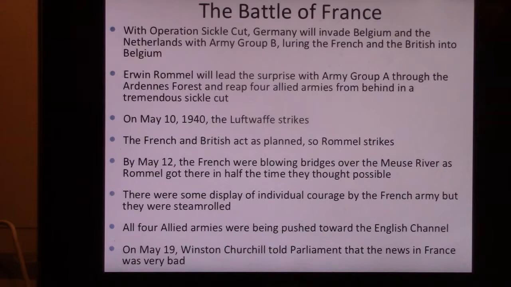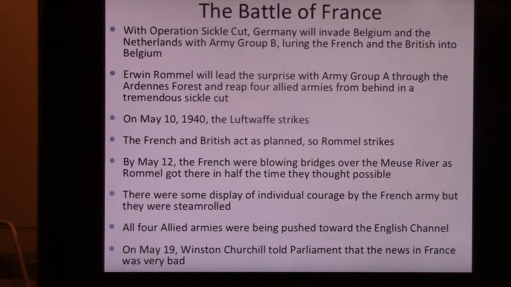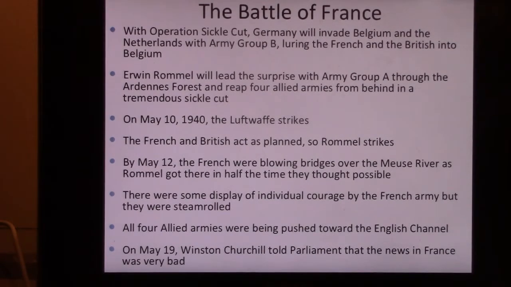So while the British and the French are facing Army Group B, around them, behind their back, in a curve, like a sickle, is going to come Rommel, who's going to reap 4 armies, 2 British, 2 French, and either kill them or drive them into the sea.